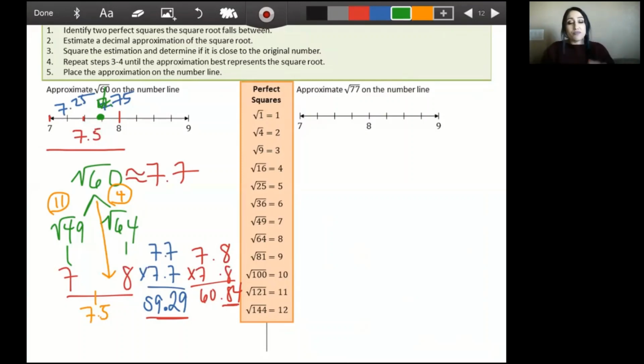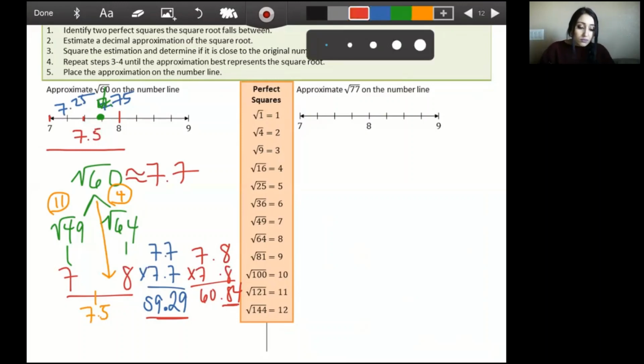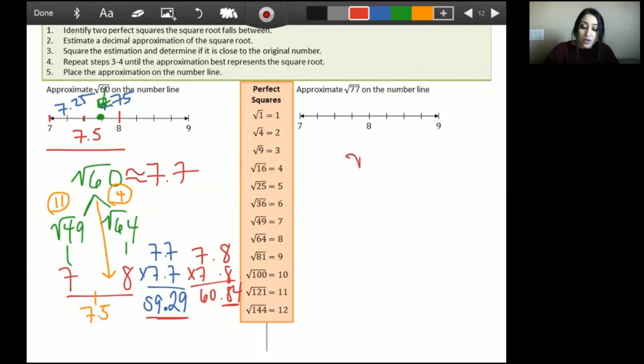All right, thanks for coming back to me, ladies and gentlemen. We're going to go ahead and get started with the square root of 77 and approximate it on the number line using perfect squares. So I have the square root of 77. It's in between two perfect squares.